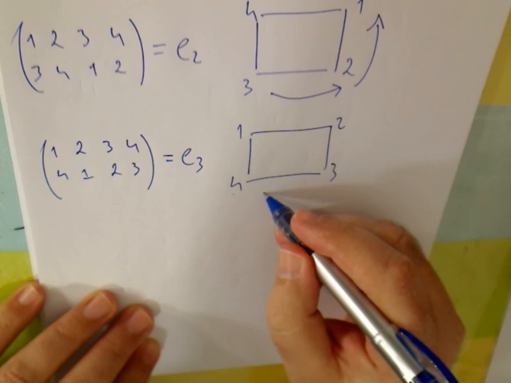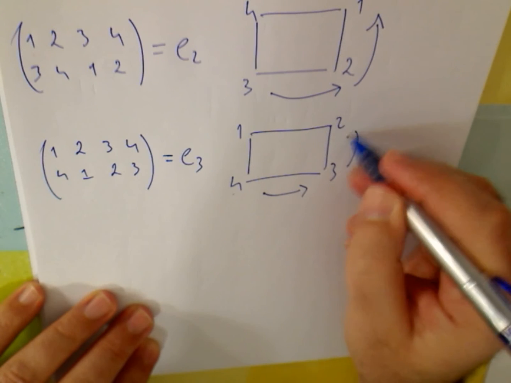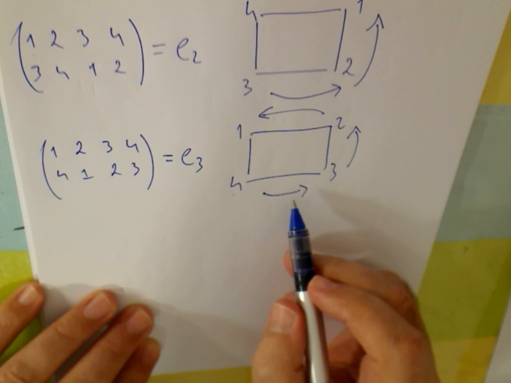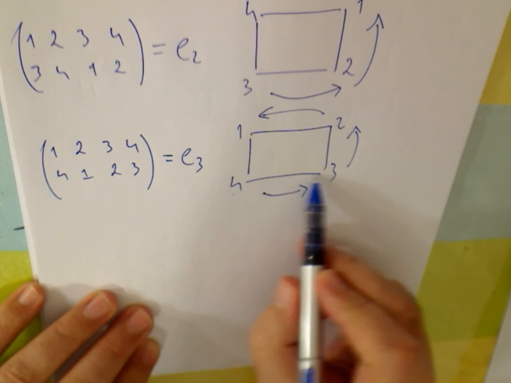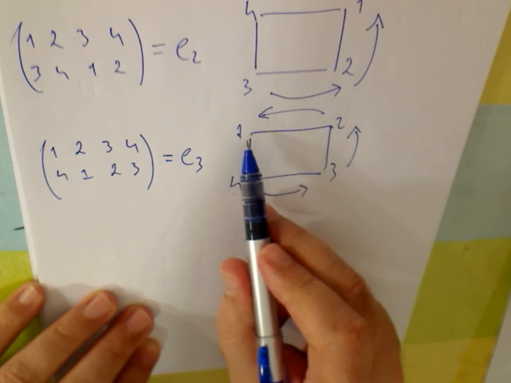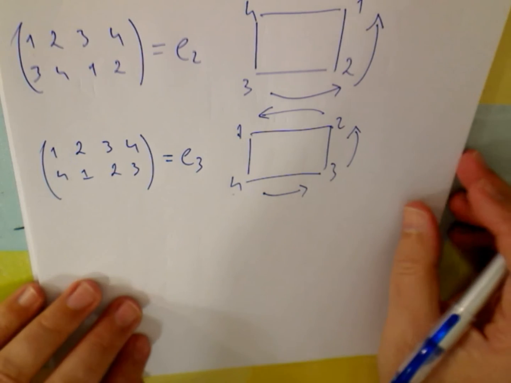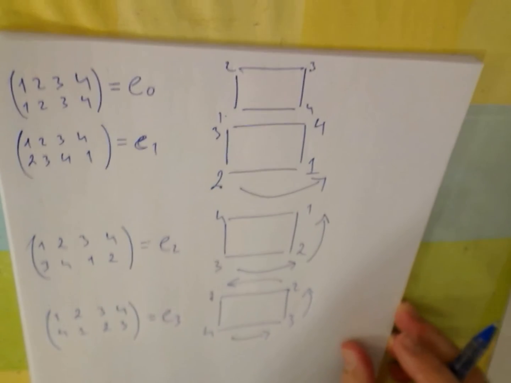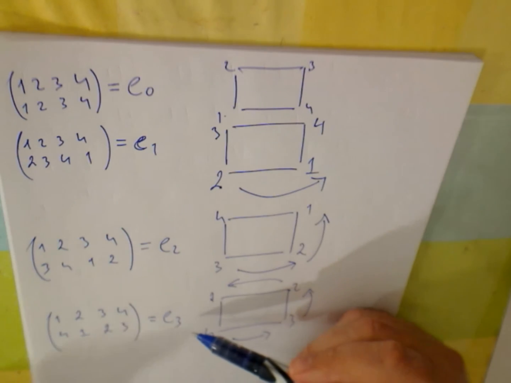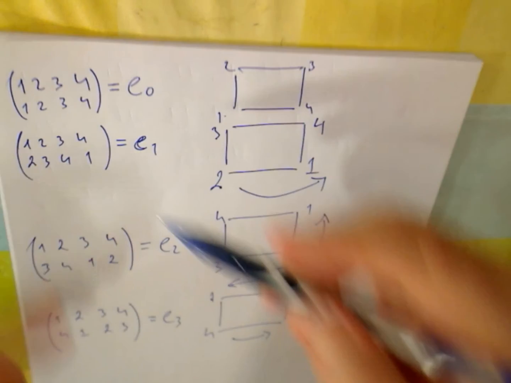So one rotation, another rotation, and another rotation. 1 went here, and then went here. Next rotation will be the identity. So if you perform rotation 4 times, you get the identity.